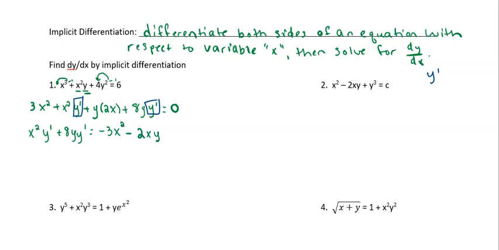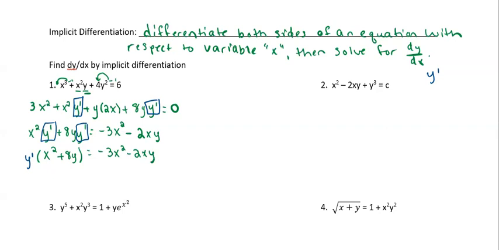Now we still need to solve for y prime, so what we need to do is pull out a y prime. If we factor a y prime out of both of these terms, we'll be left with x squared plus 8y. Remember, when you factor it out, you have to always be able to distribute and get back to what you had. And then on the right, we still have 3x squared minus 2xy.